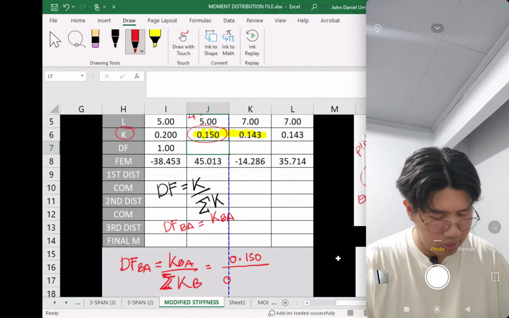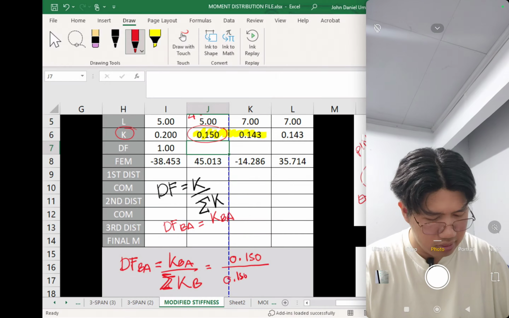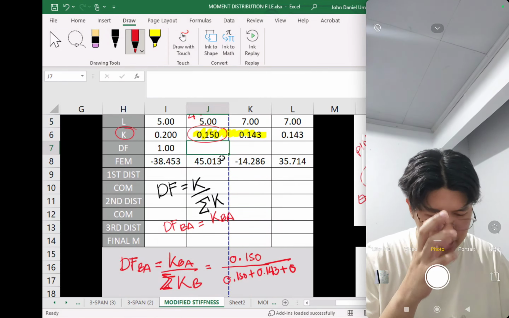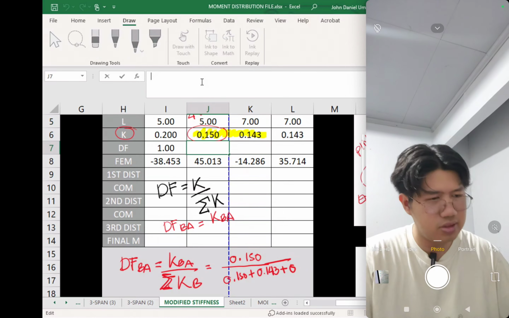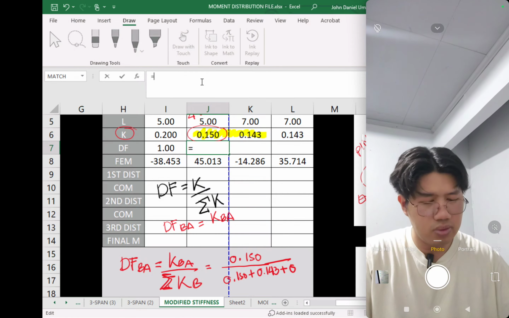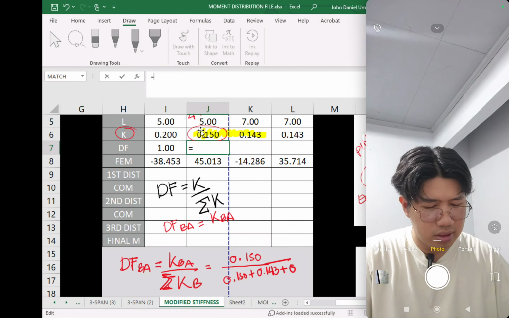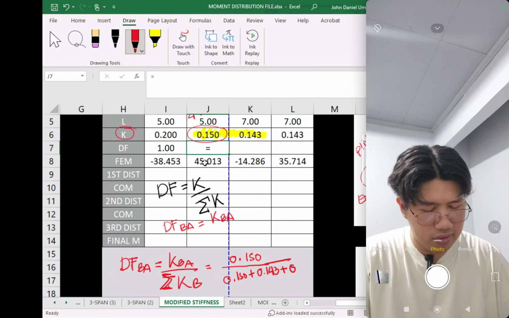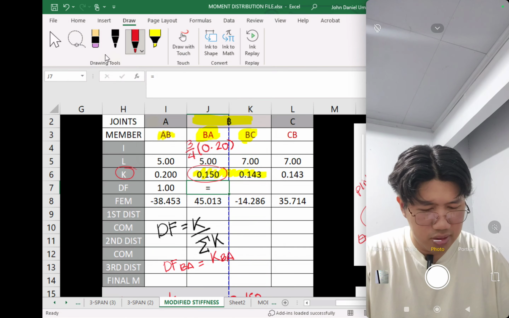So that is 0.150 plus 0.143 plus yung sa roller which is 0. Okay, so sa Excel, mabilis lang siyang gawin. So that is equals to this one. Okay. So hindi siya na-select. Wait lang. Delete ko lang muna yung mga written ko.